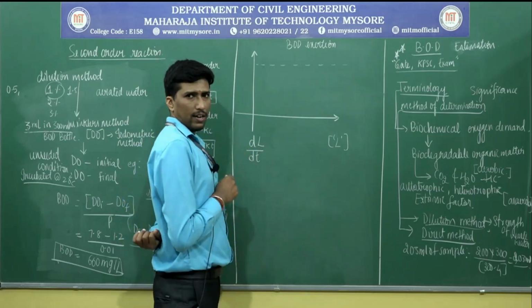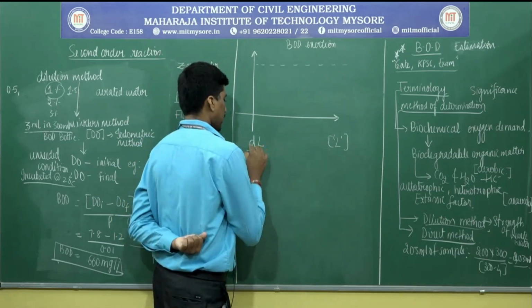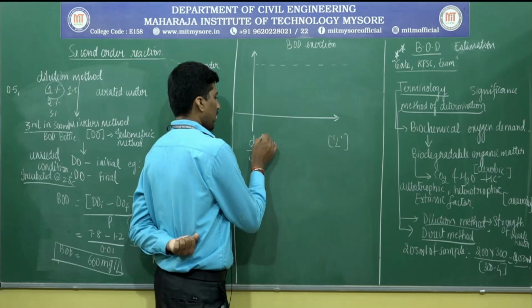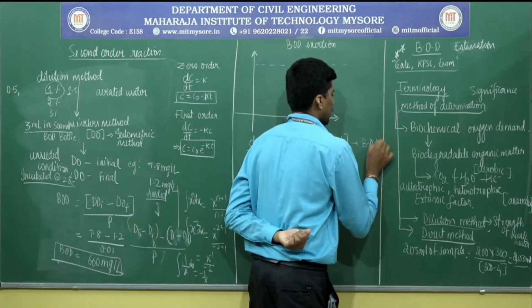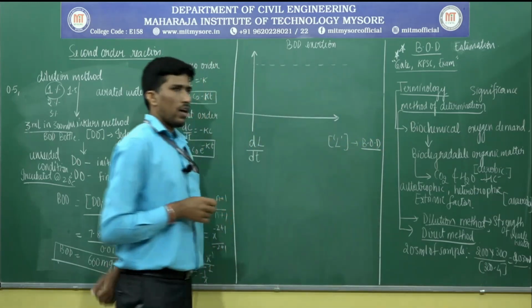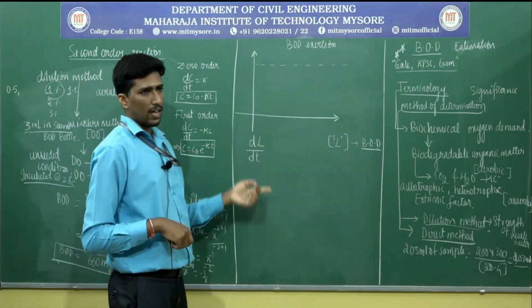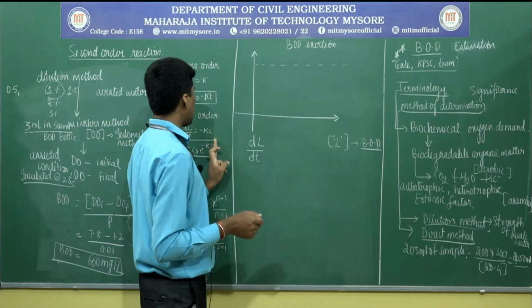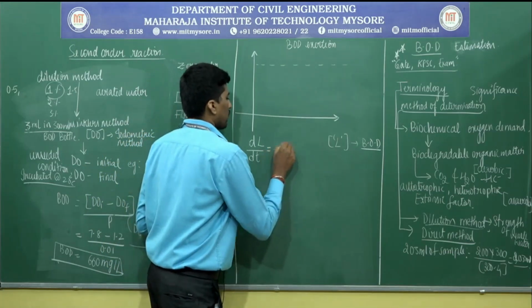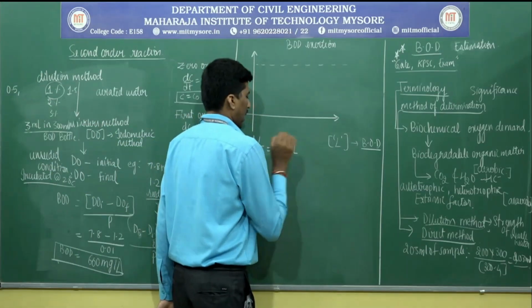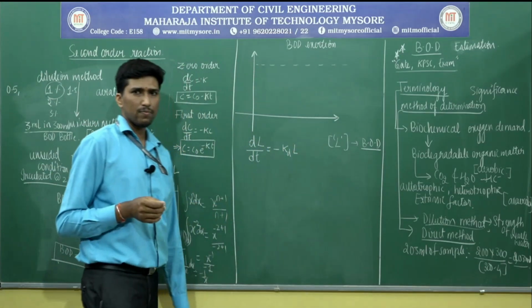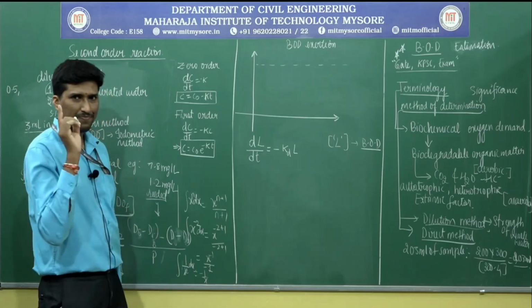Therefore, the rate of reaction is given by dL by dt, where L represents the BOD concentration. The BOD with respect to time is equal to minus K into L. What does the term D represent?